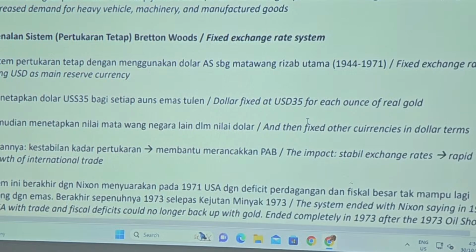Suppose it's just gold, 1 ounce. This equals $35. And then all other currencies were fixed to that, maintaining fixed currency exchange rates.